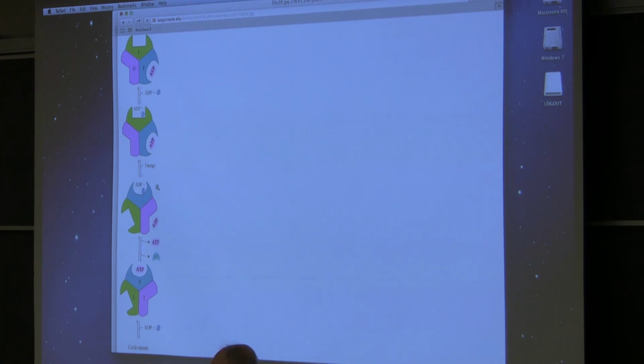Loose grabs ADP and phosphate and just holds on to them. Open lets go of the ATP. You with me? So this will go from T to L to O, to T to L to O. Okay? With me? That's what's happening in the synthesis of ATP.